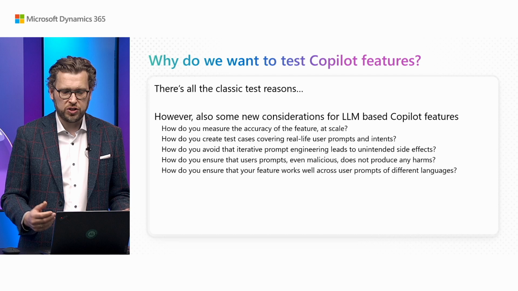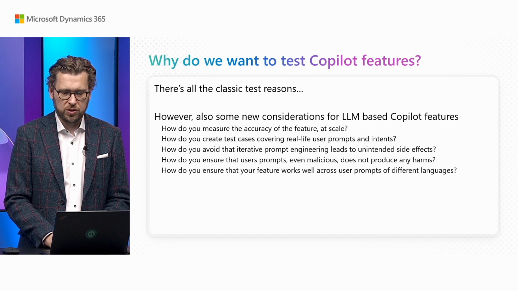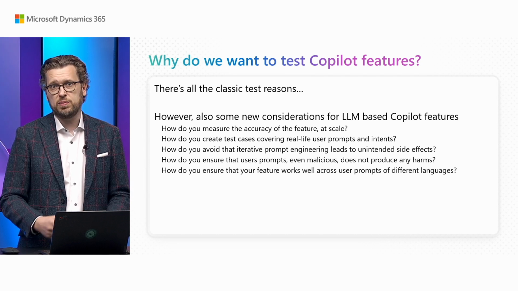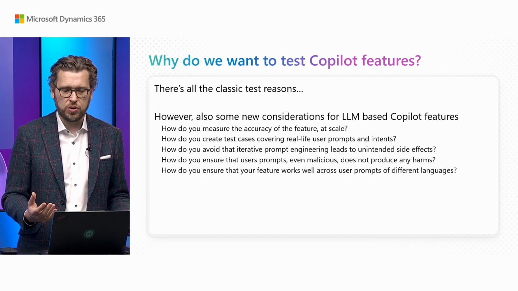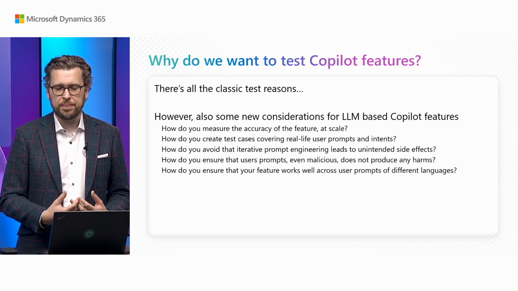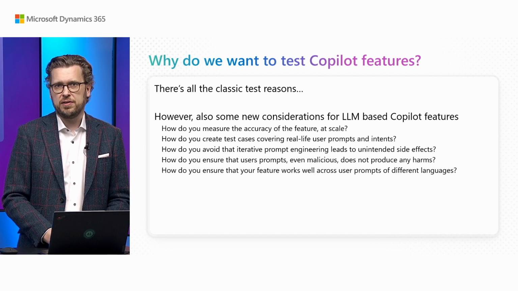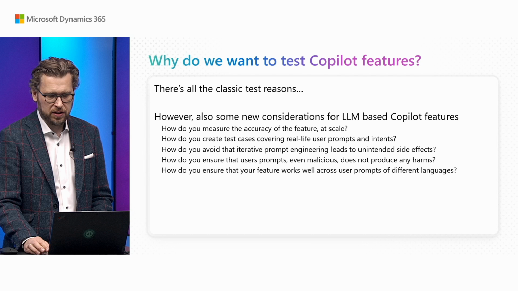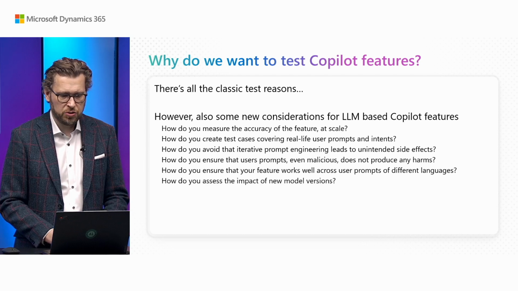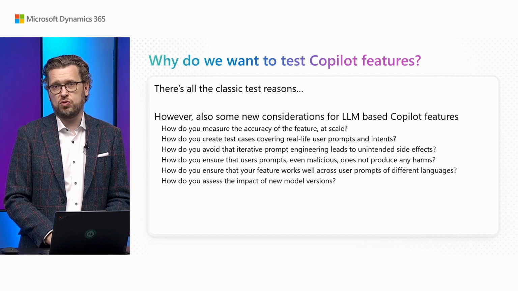How do you ensure that your feature works well across user prompts of different languages, for example? Maybe you will have users who are using a language for which you did not really initially build your Copilot feature. And how do you assess the impact of new model versions?